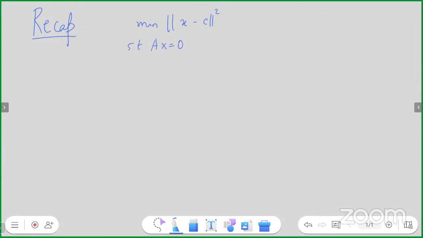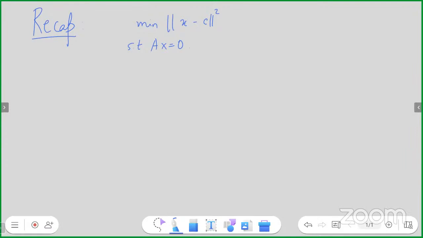So c is some given vector and I want to find x such that Ax is equal to 0. How can I use my projection theorem to find a solution to this? Restriction to the subspace. Yes, very good.